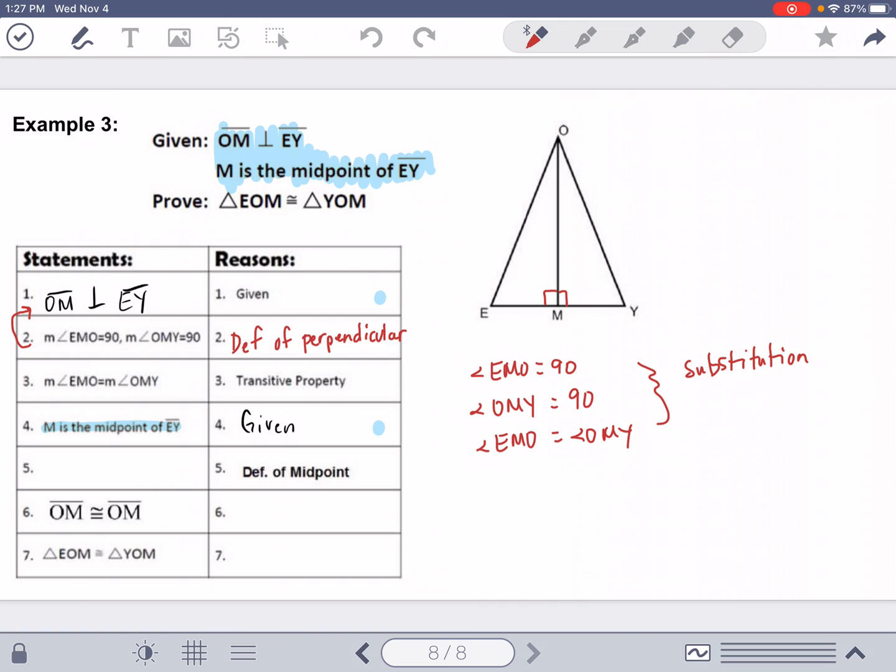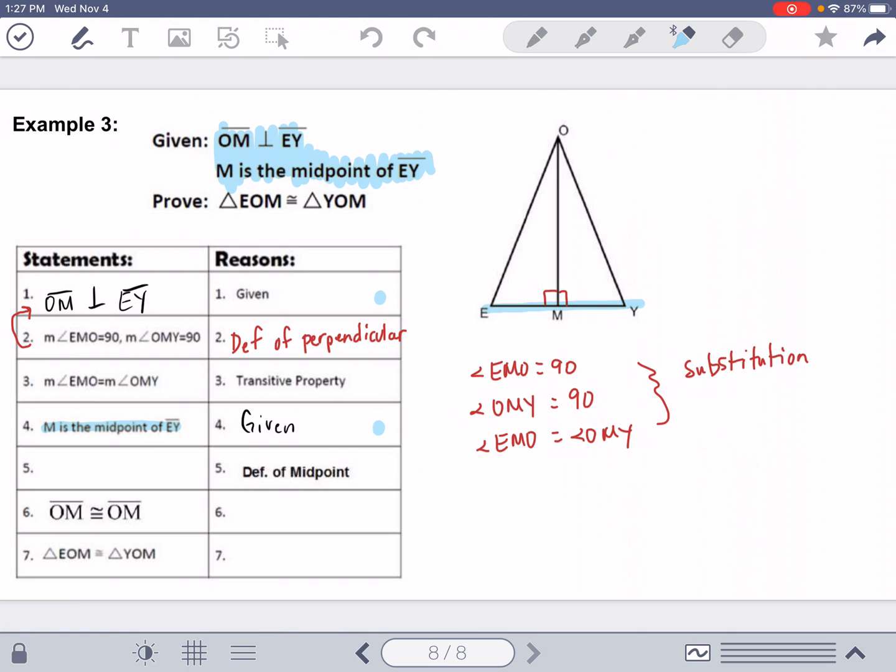M is the midpoint of EY, and that was given. And then number 5, definition of midpoint. So, let's look at EY because that's what's being mentioned. So EY is here.